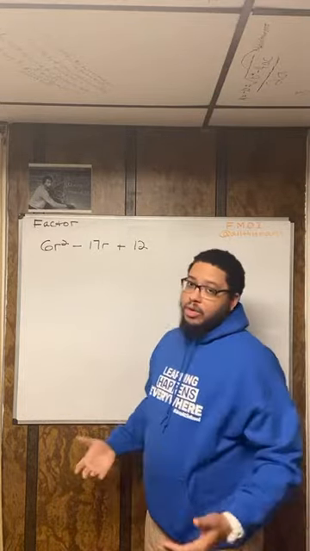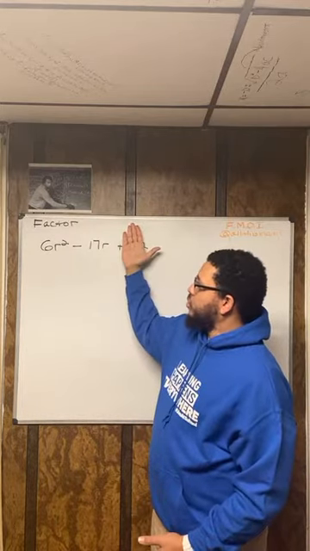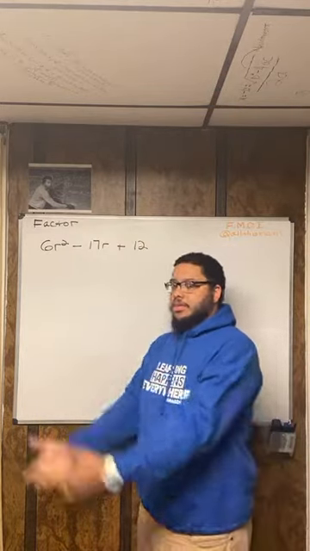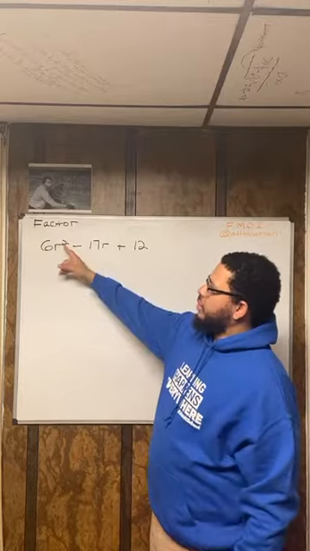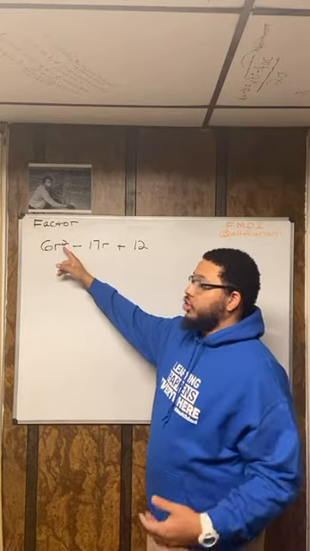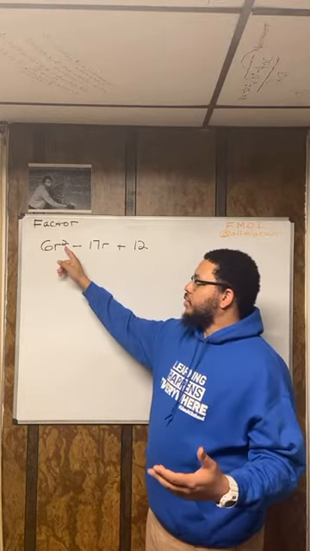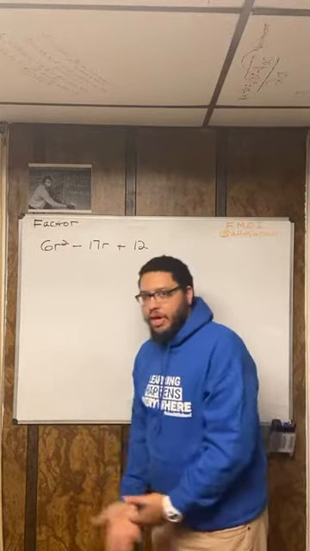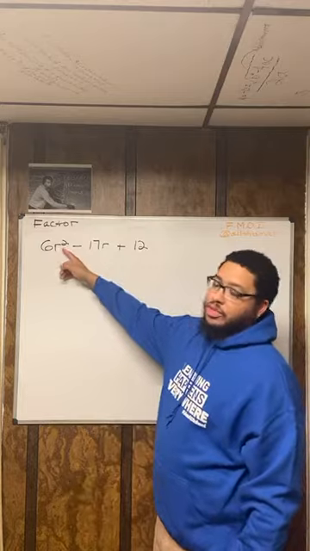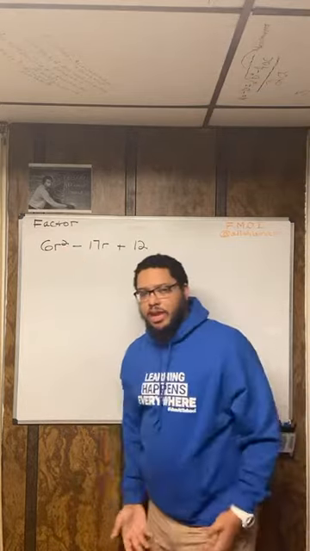If it was a binomial and it only had two terms, it could be another type of factoring. If the degree, or the largest exponent in the expression, was a 2, there's one type of factoring. Or if the largest exponent was a 3, it could be another type of factoring.